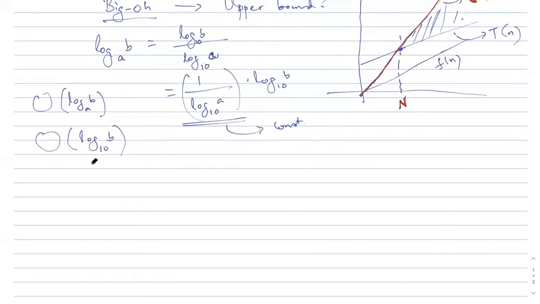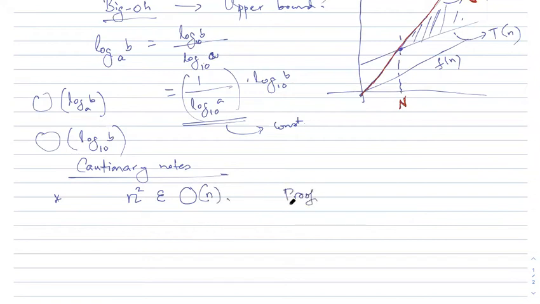Okay, so some words of caution here. First thing is that if someone is saying n square is an element of big O of n, and they are giving a proof to you. What is the proof that they are going to give? That choose C equal to n, and therefore you get n square equal to C times n, which is equal to n square.